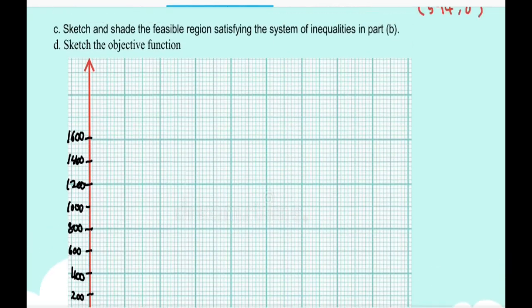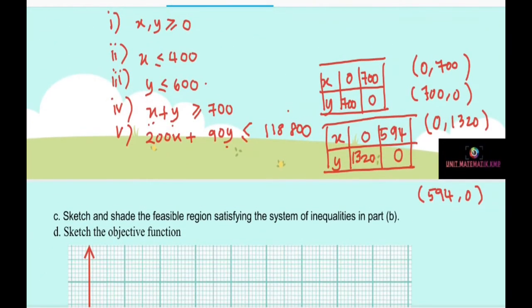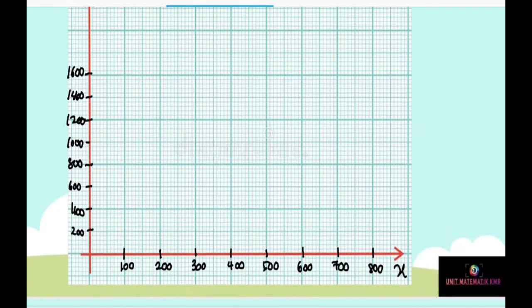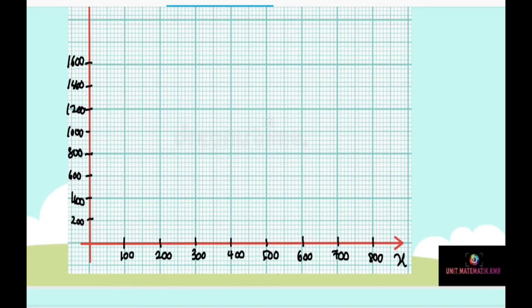So we have inequality number 2, x less than or equal to 400. So x equals 400, and we can use a blue line.